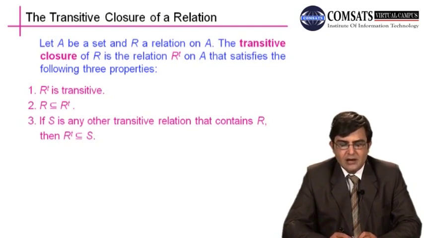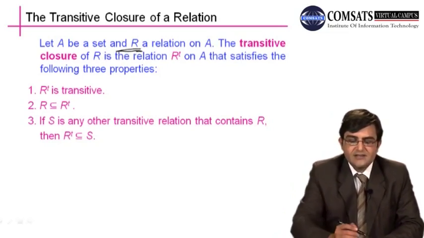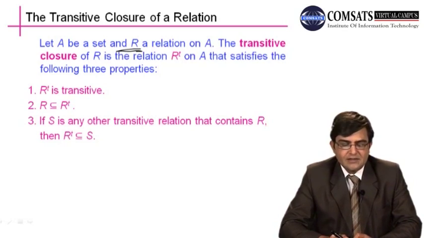The relation R, which is any kind of relation, is not necessarily transitive. It is not necessary for R to be transitive. So R must be a subset of R^T, the transitive closure of R. And the third property is that if S is any other transitive relation that contains R, then R^T is a subset of S.